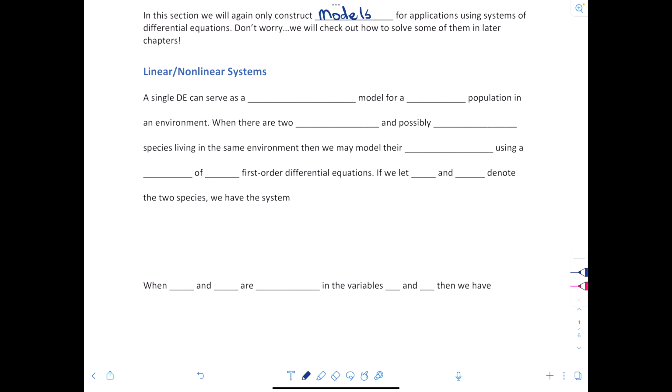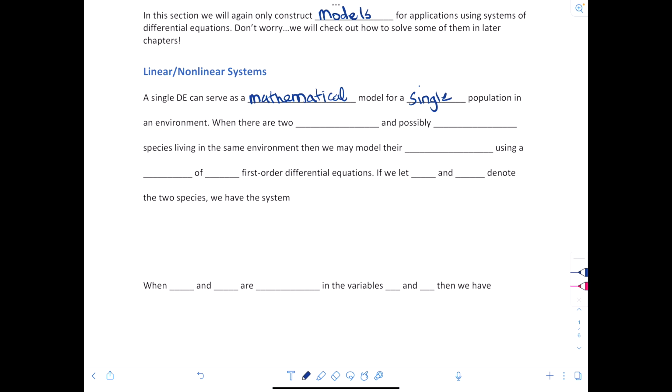So for linear/nonlinear systems, a single DE can serve as a mathematical model for a single population in an environment.